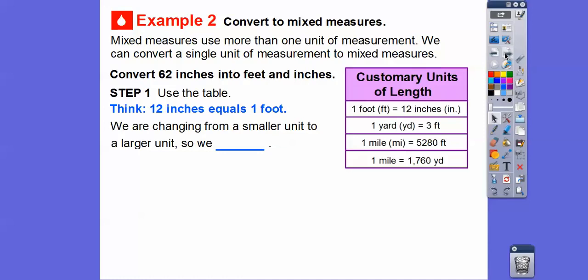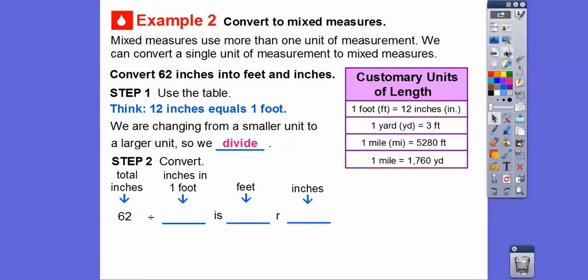Okay, so we're going to use the table. Remember, 1 foot equals 12 inches. So we're changing from a smaller unit to a larger unit. When we go from a smaller unit, the 62 inches, into a larger unit, the feet, we divide. So let's go ahead and convert. The 62 inches, we're going to divide that by 12, and that's going to give us how many feet and inches.